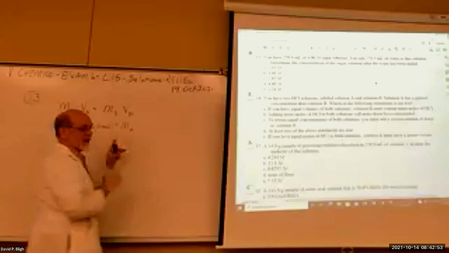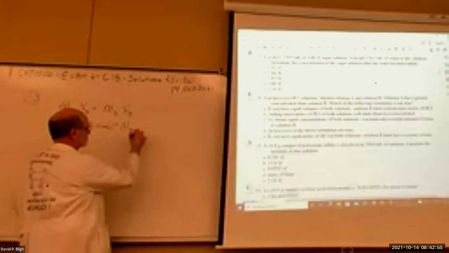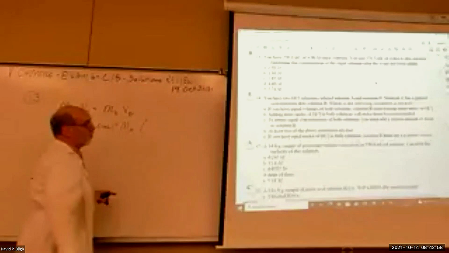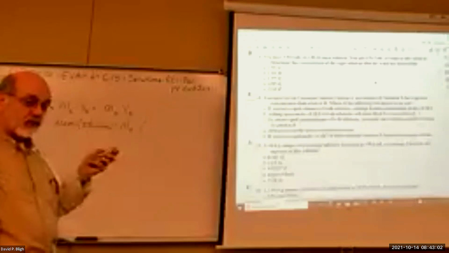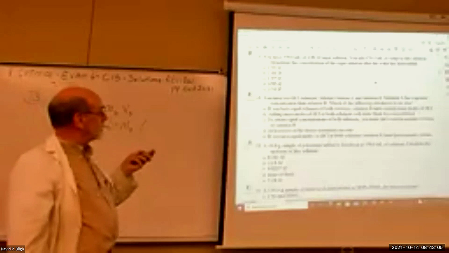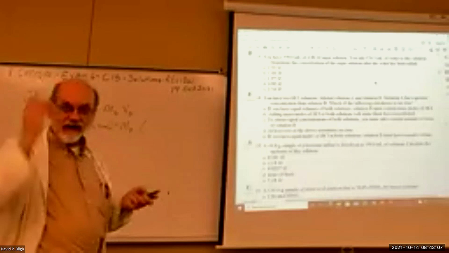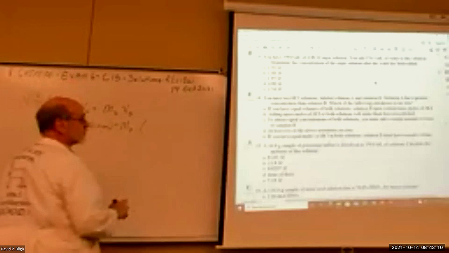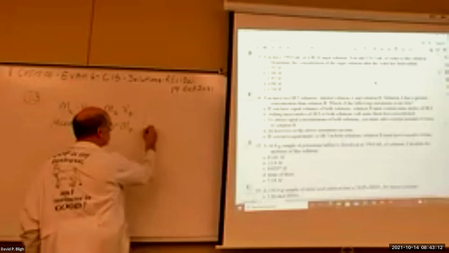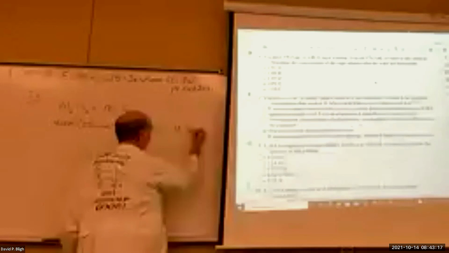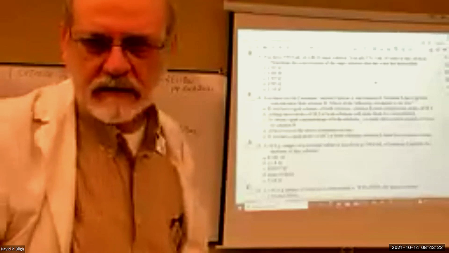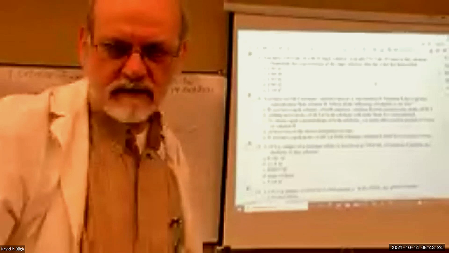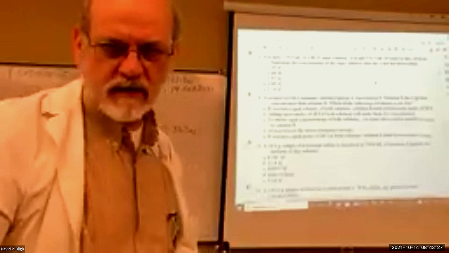The trick is, what's the final volume? Well, we added 376.3 milliliters to the former volume. So the final volume is the summation of those two, 250 plus 376.3. That's the trick. Okay, we're good.